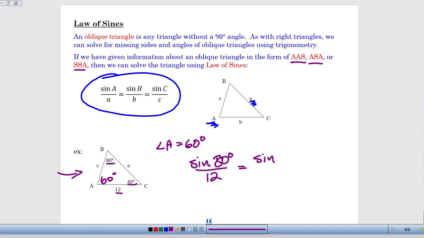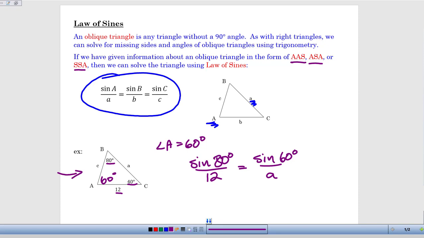So that means it's going to be equal to the sine of 60 degrees over length A. And so what you can see here is we only have one variable in this proportion that we've written for ourselves. And I'm not going to worry about the angle C and side C. We'll solve for that in a separate proportion that we'll set up in a moment.